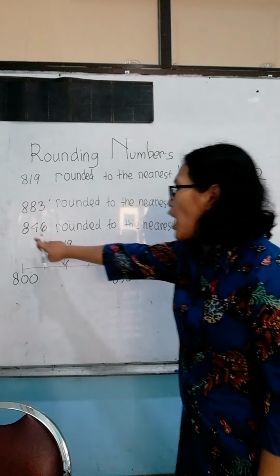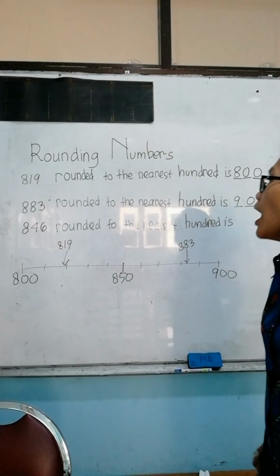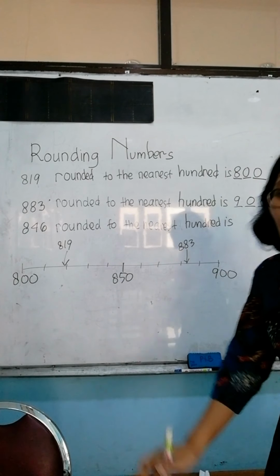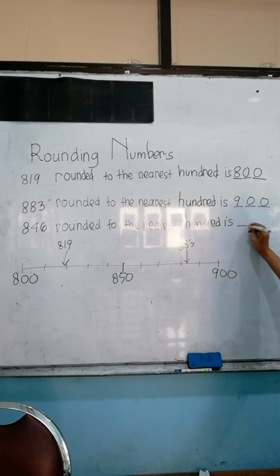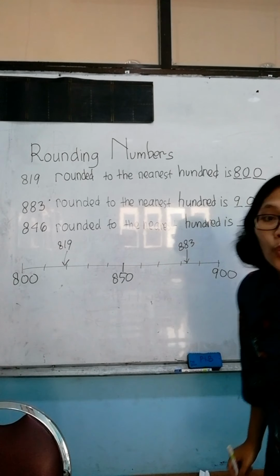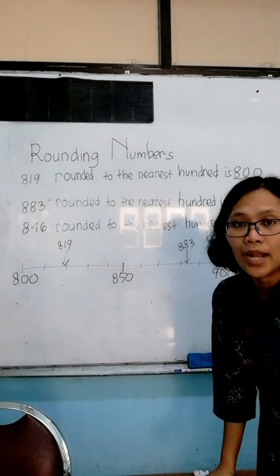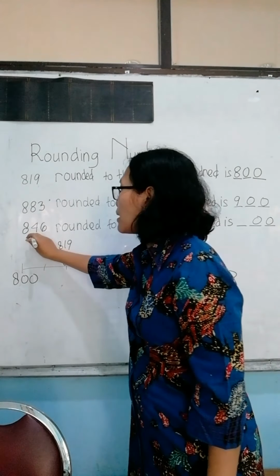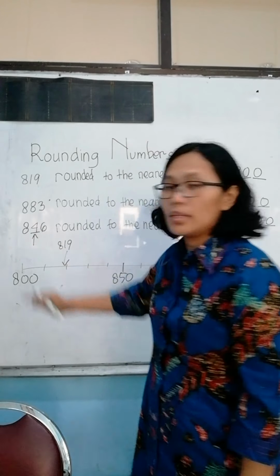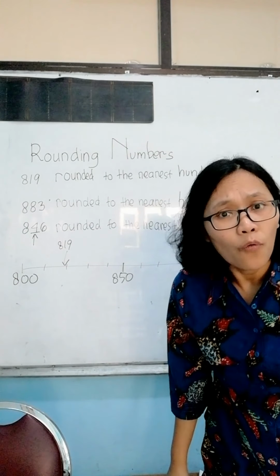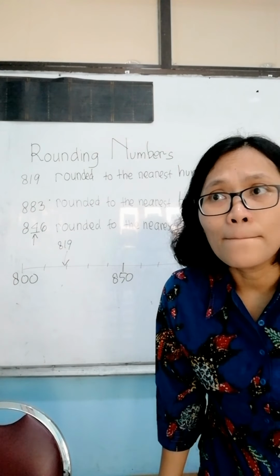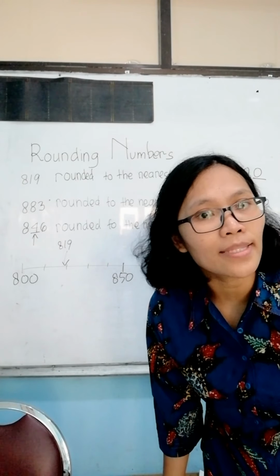Correct. Next, I have 846 rounded to the nearest 100. It is a 3-digit number: 1, 2, 3. The 1s and the 10s are 0, 0. How about the 100? You have to see the 10s place. The 10s place is 4. Is 4 more than 5 or less than 5?